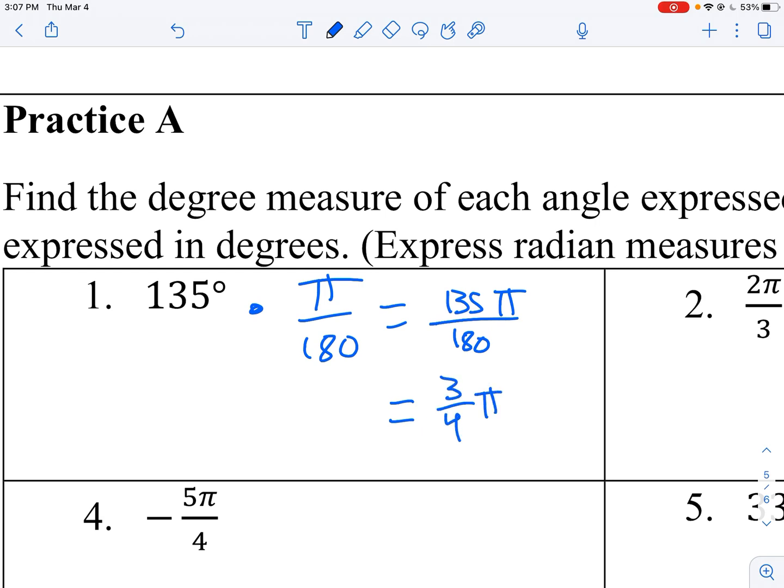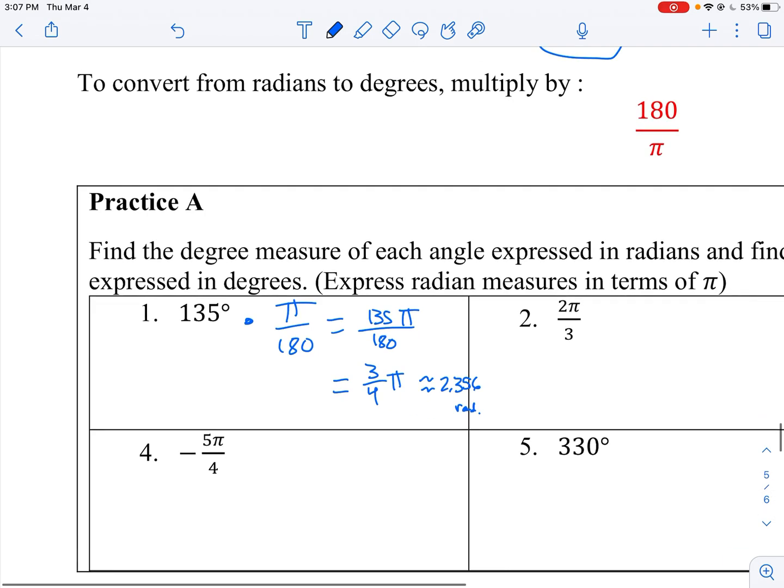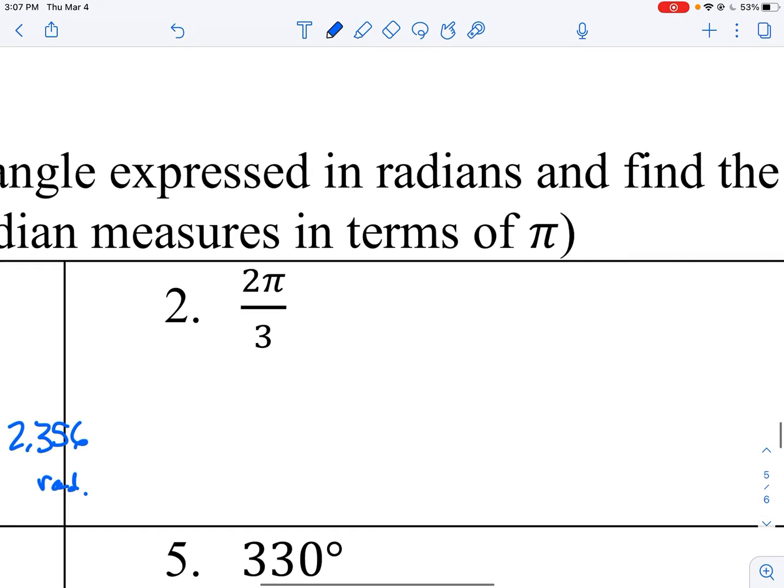That would be the exact value, but if you want the approximate value, you times by pi. It gives you about 2.356 radians. If you wanted to convert the other way, you times by the reciprocal.